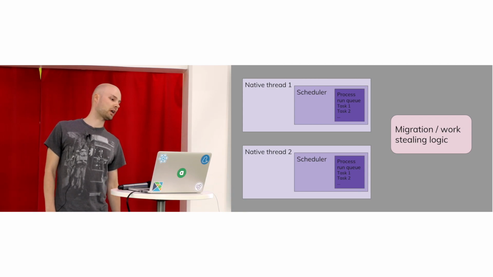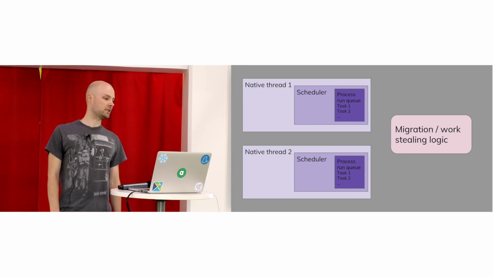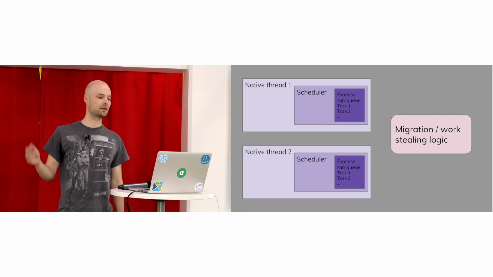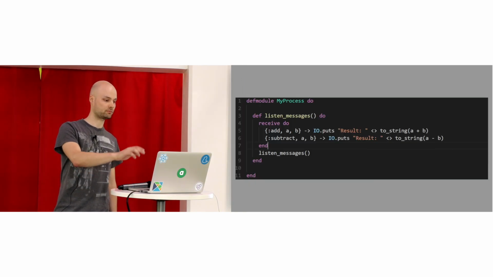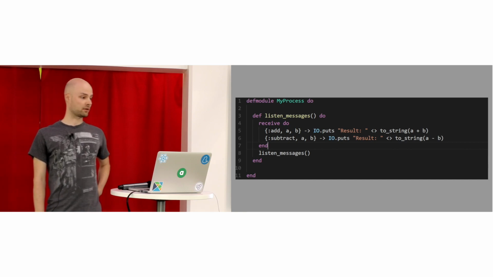This is an example of how an Erlang runtime could be set up on a single machine, a 2 core machine, 2 native threads. So there's this Erlang scheduler running in a native thread, which then runs the processes in a process queue.